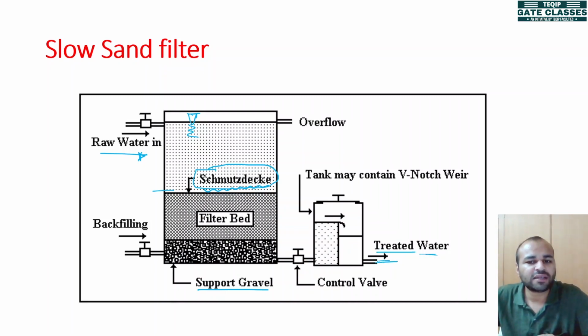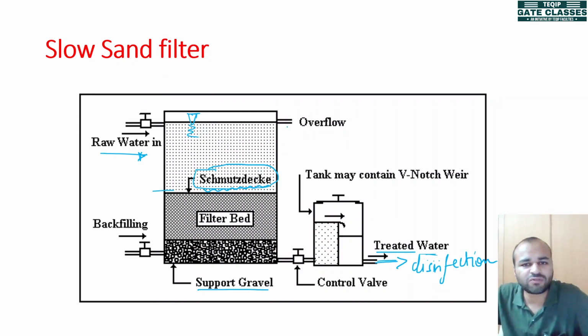This next process is known as disinfection, in which disinfection is carried out by use of different types of chemicals so that any microorganisms or disease causing agents are removed. So this is the process of filtration.